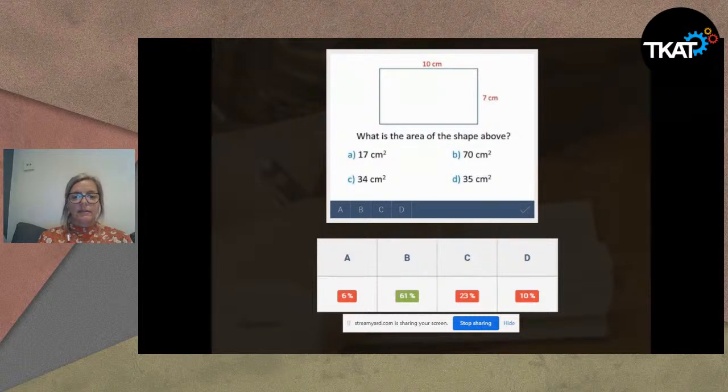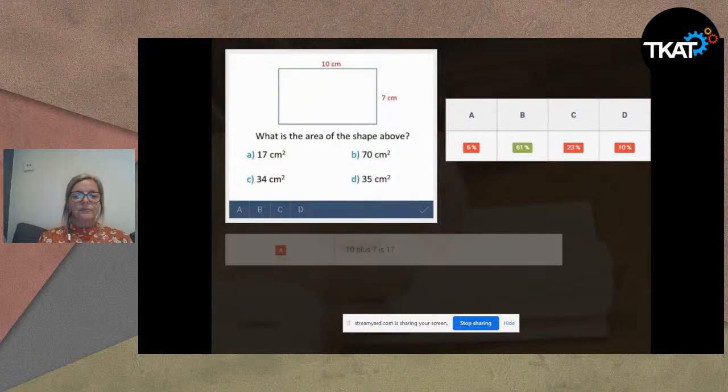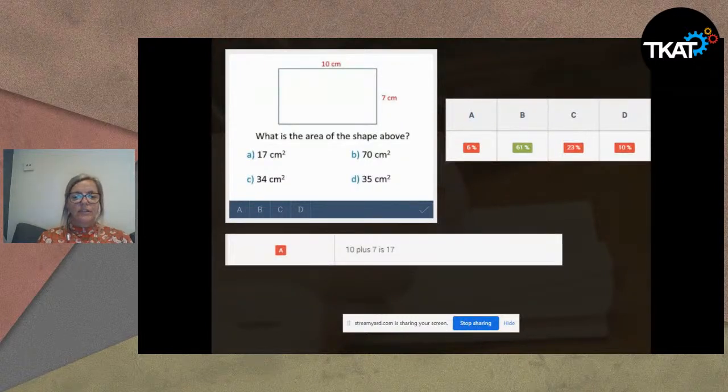So in this instance, you can see that although B is the right answer, which 61% of the class knew, it's really important to look at which was the most popular wrong answer, in which case C was the most popular wrong answer here. And we'll start to have a look at why. So if we look at some of the children's reasoning, for the first one, they put A.